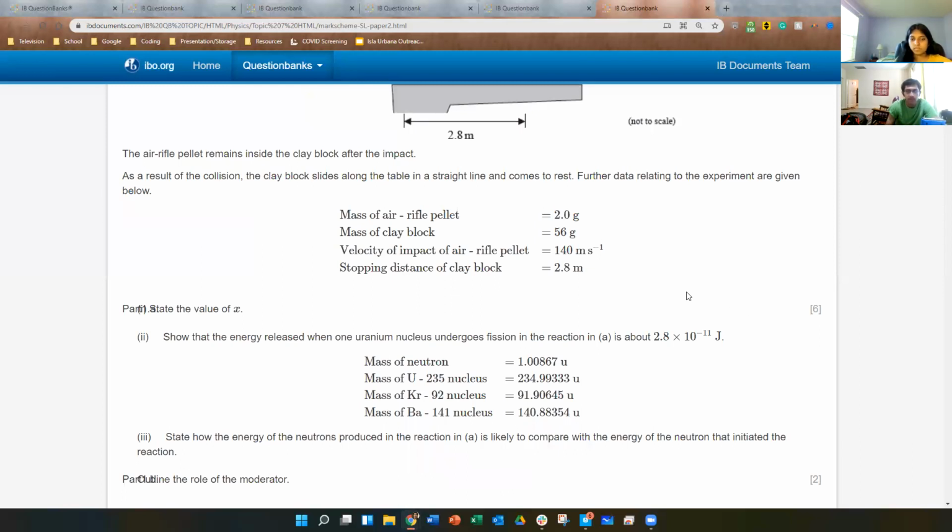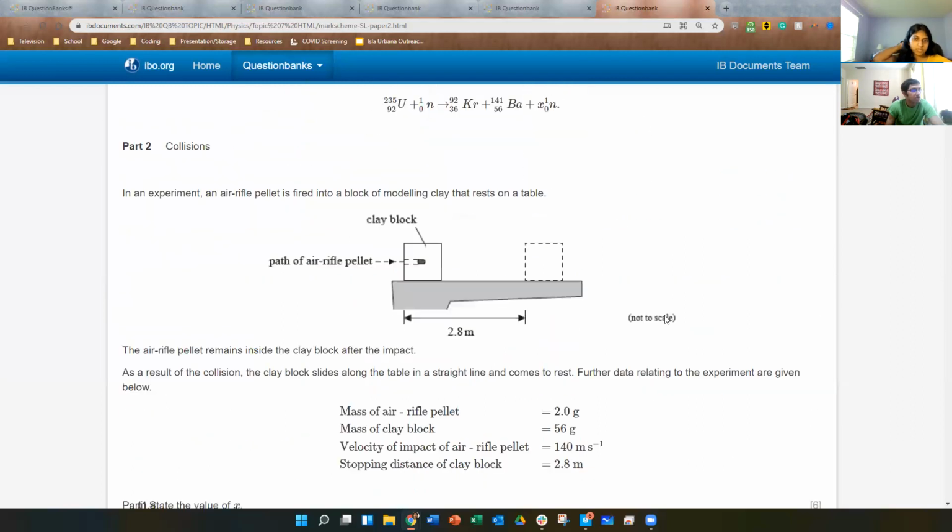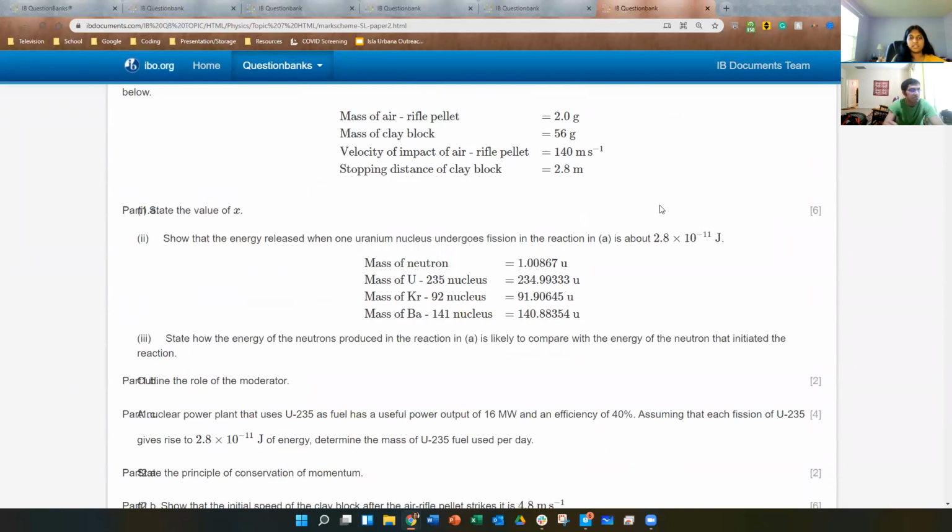Yeah, sure. You can say that there's 2 neutrons on the right side. I would do uranium on the left, and everything on the left side minus everything on the right side.